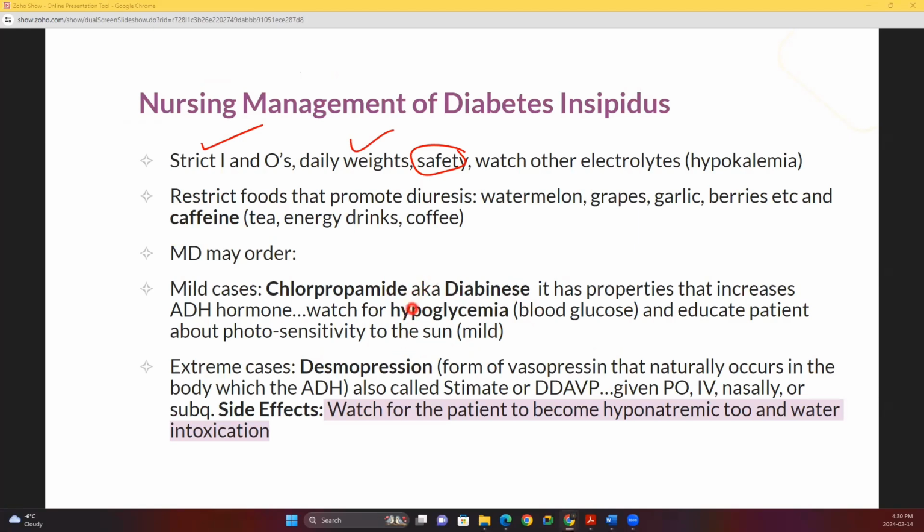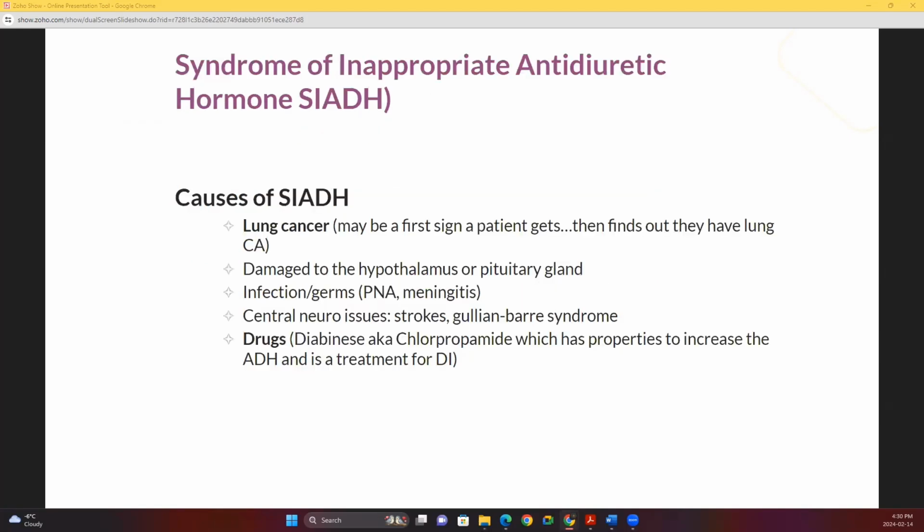What is happening with these drugs? Your ADH will increase. And just imagine the patient is on this medication and he took too much of it. What will happen to the ADH? It will super increase. Super increase means SIADH.